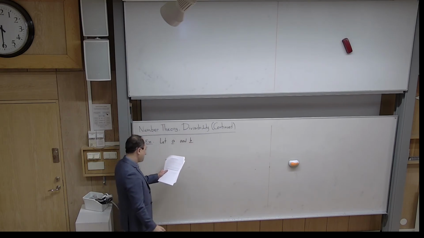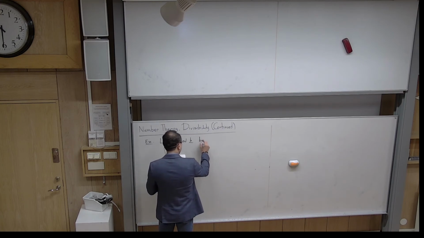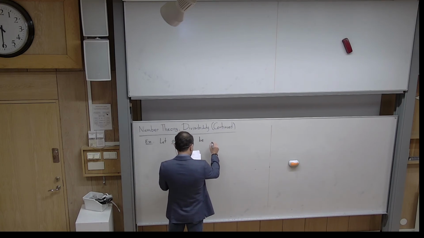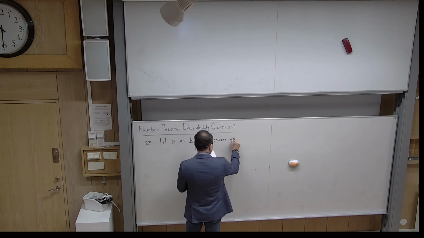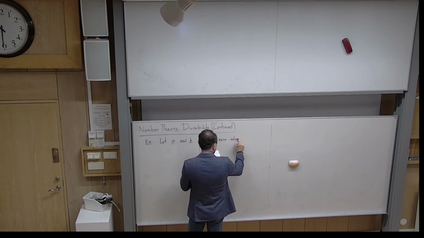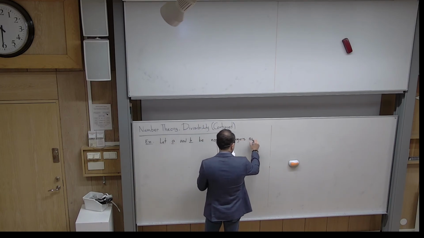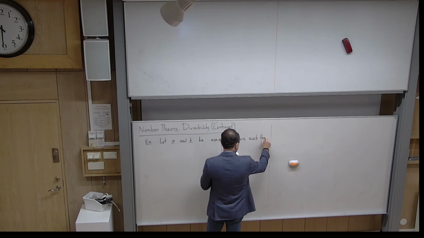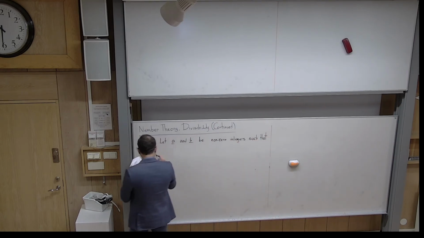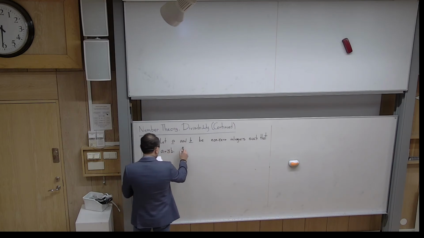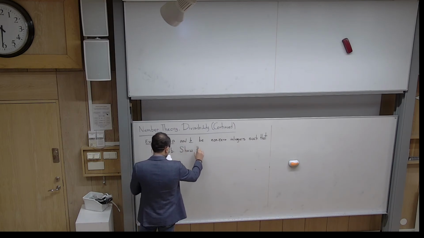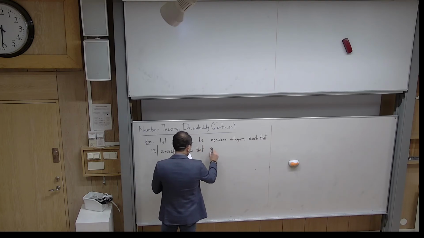Let A and B be non-zero integers such that we know 13 divides A plus 3B. Show that 13 also divides 9A plus B.